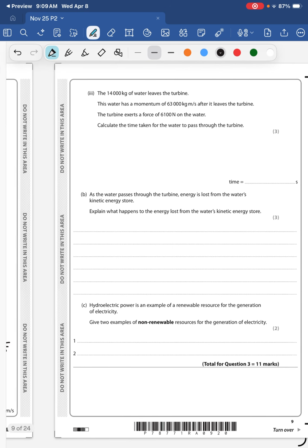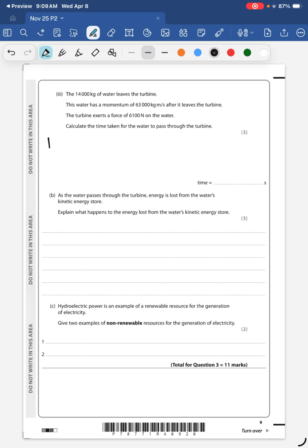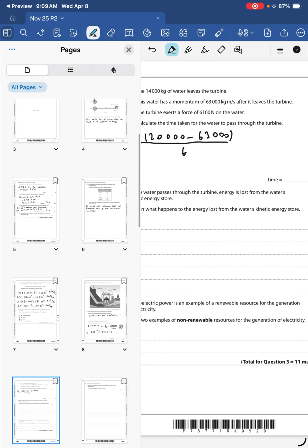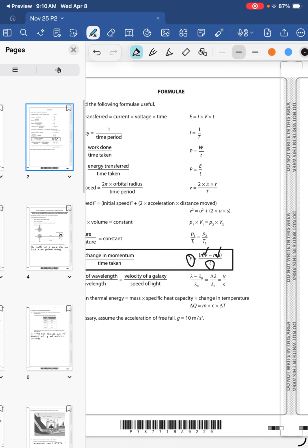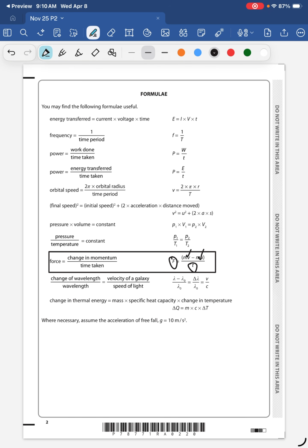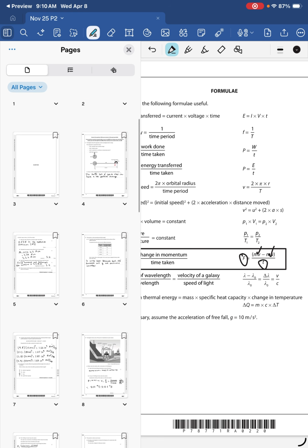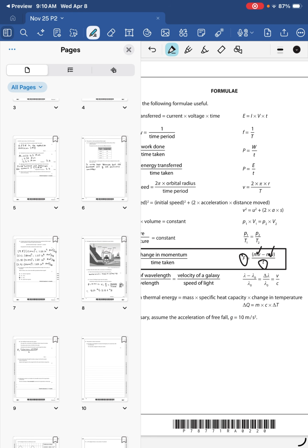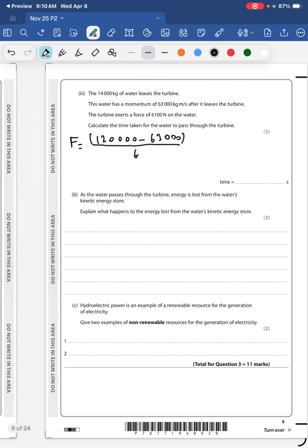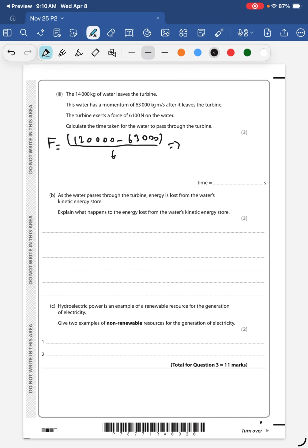So force is the final momentum, sorry, the initial momentum minus the final momentum over the time taken. Let's take a look at the formula again. So yes, V is the V and U. Okay, good. So let's go back.